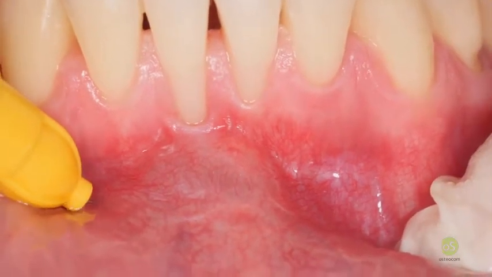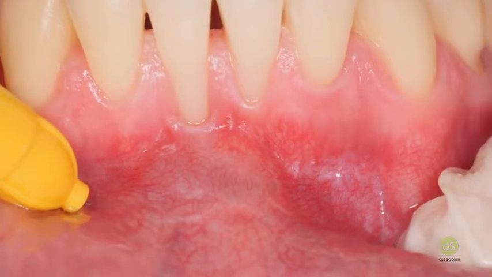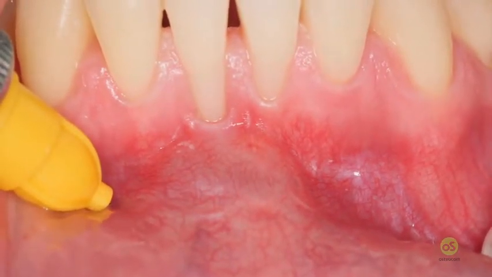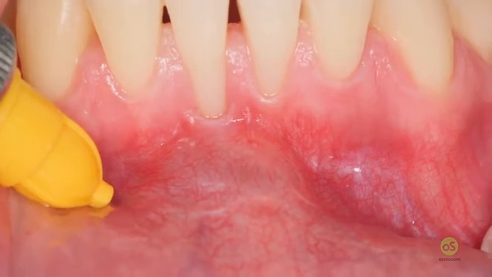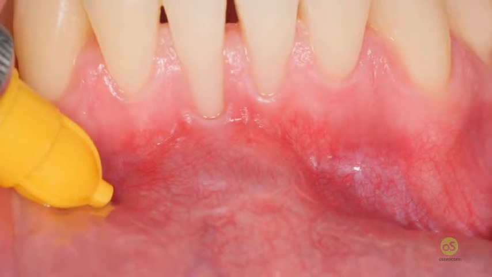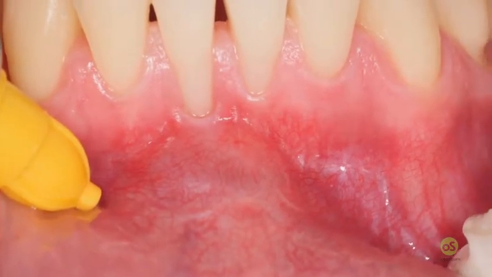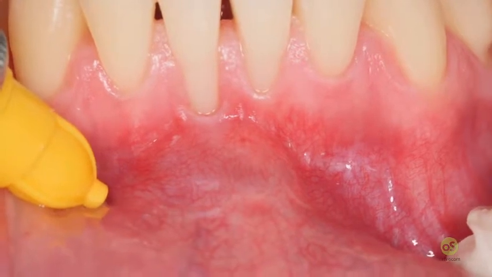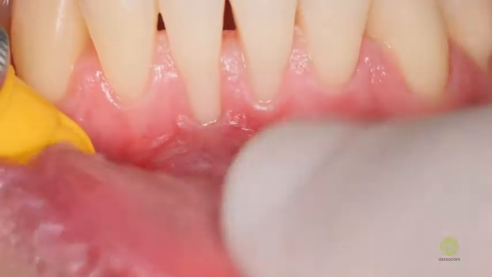Once upon a time, the coronary advanced flap was completely contraindicated in this area, because of the lack of vestibulum depth and the lack of keratinized tissue. Only the 2-stage procedure was the main indication, in which a free gingival graft is placed first, and then a coronary advanced flap was done 3 months later.